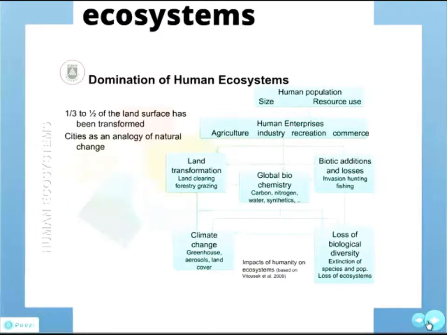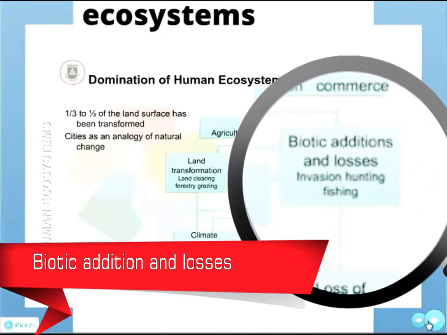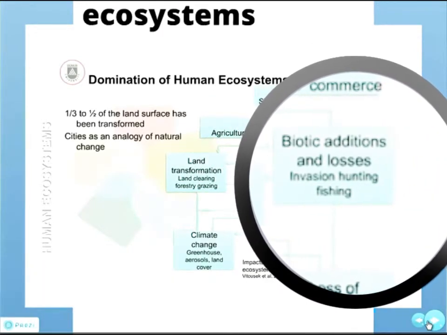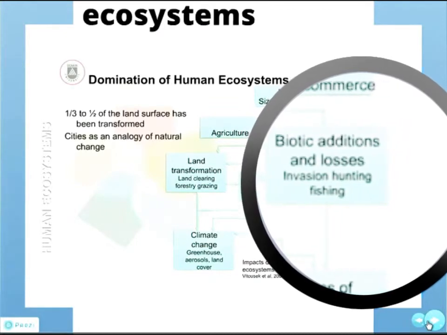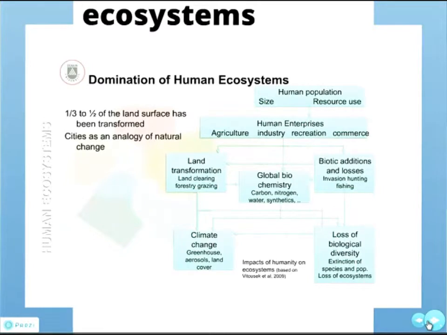And the third way that we affect natural ecosystems is through biotic additions and losses. So it's obvious what's happened here, for example, in Australia, with the introduction of new crops and new animals and so on, and the impact on the ecosystem. That is a very obvious example for you, but we do that on a large scale in nature.